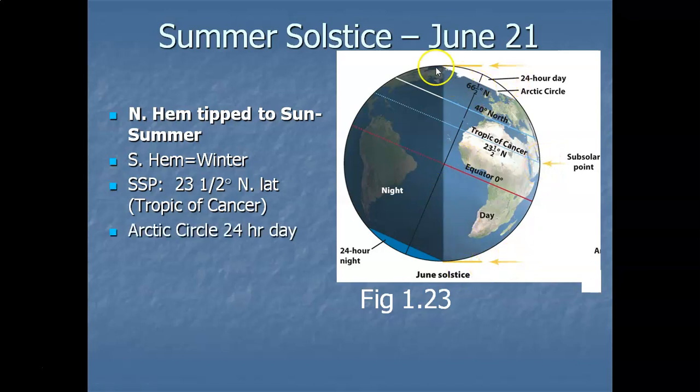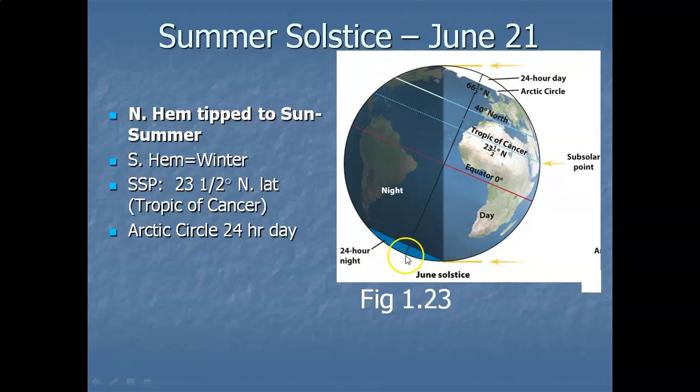Now, let's take a look again at the extremes. Now, 6 months from where we began, above the Arctic Circle, now they're experiencing 24 hours of daylight. So from where we were at the first day of spring, they were experiencing 12 hours of daylight. And so during those 3 months, the way the Earth has been presenting itself, the days just kept on getting longer, from 12 hours to 13 to 14 to 15, until we wind up with a 24-hour day.